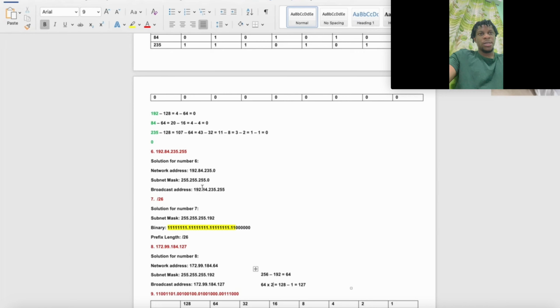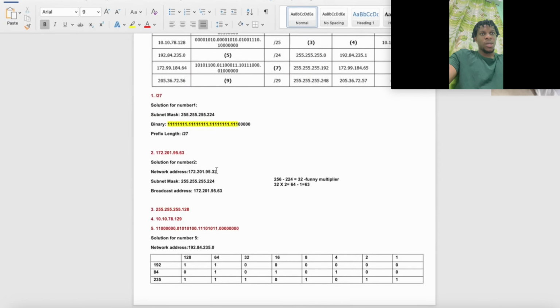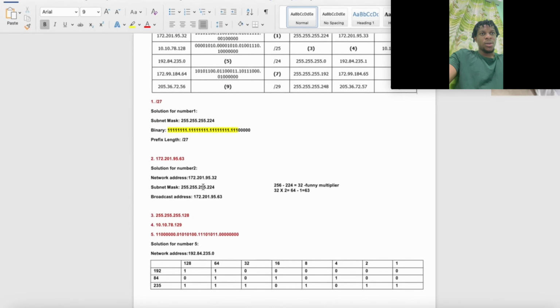The broadcast address is 192.84.235.255, and the subnet mask is 255.255.255.0. You almost have a similar subnet mask to the answer from number 2.